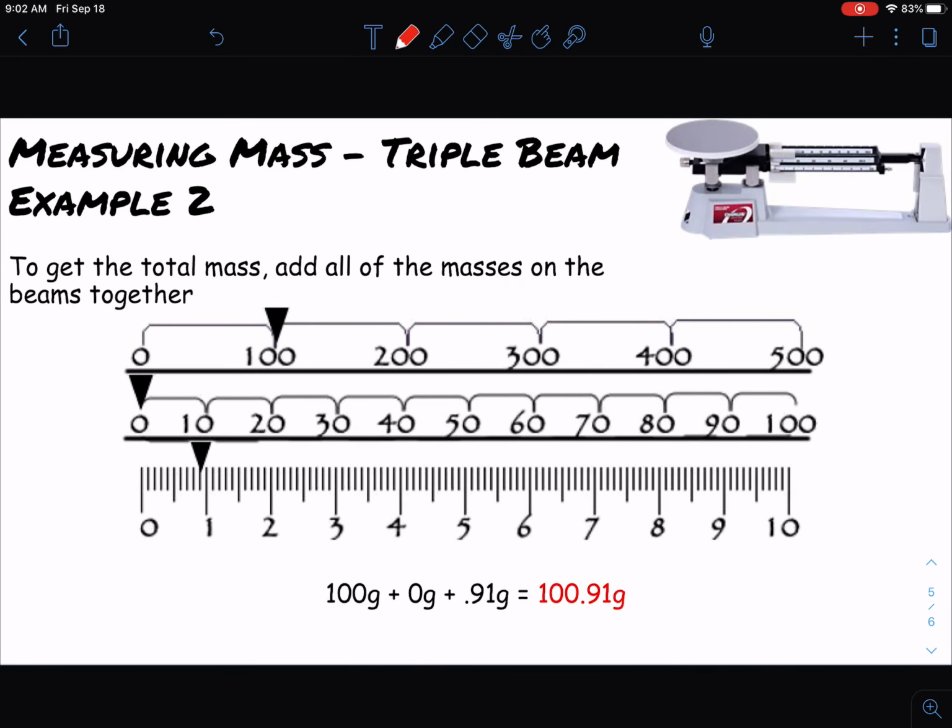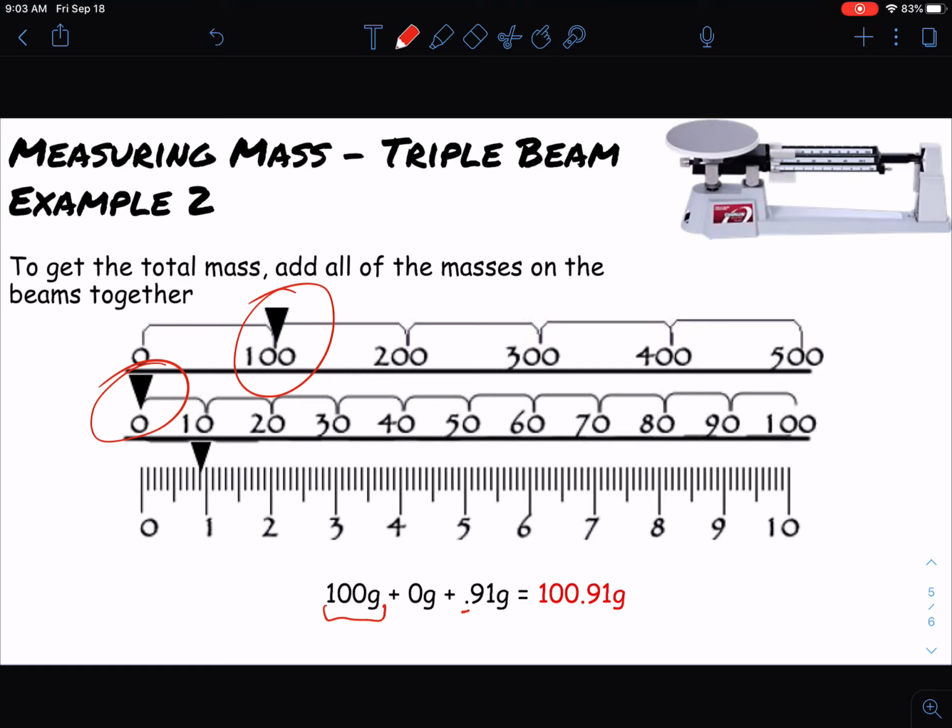Another example. Sometimes you're going to have beams that don't move, and they're just going to stay at 0. That's fine. We're going to read it the same way. We're going to add everything up. We can see this one is at 100, so we just have 100. And then we have to read the 1-gram beam. It doesn't make it to 1 gram, so we're starting with that point right here because it doesn't make it to the 1.